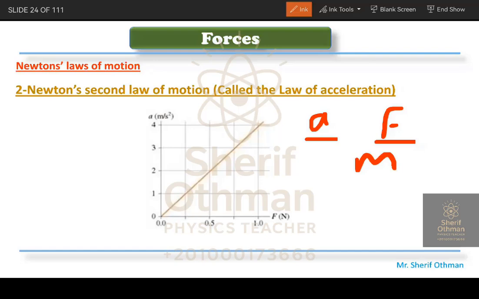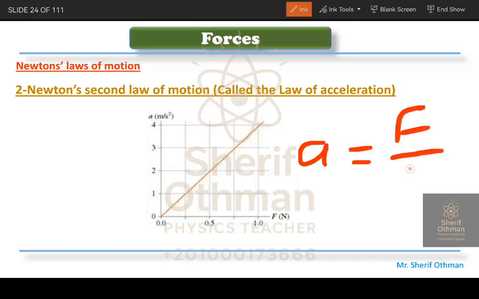Direct means they increase together. Inverse means one of them increases and the other one decreases. As you can see, guys, a is equal to F over m. To know the relation from the rule, you have to write the rule. Just write the rule: a equals F over m.